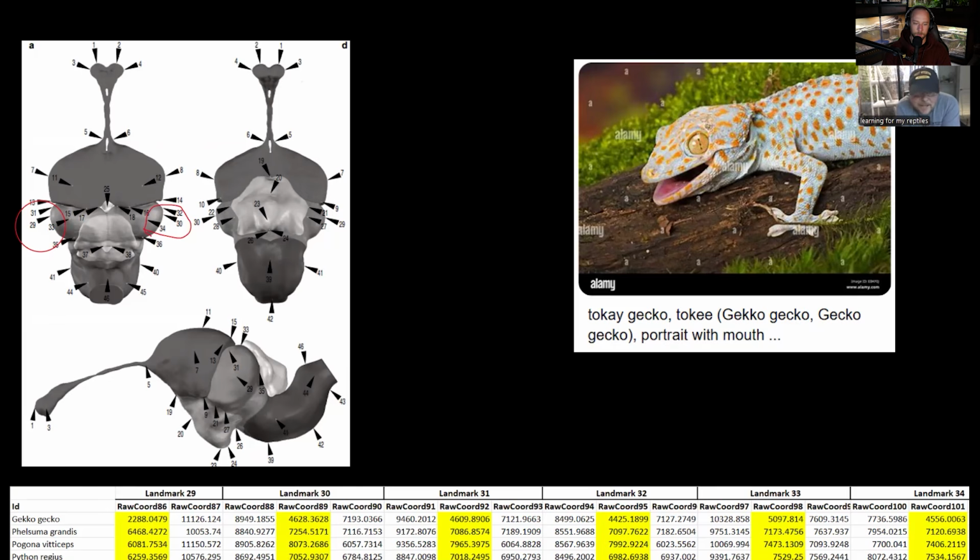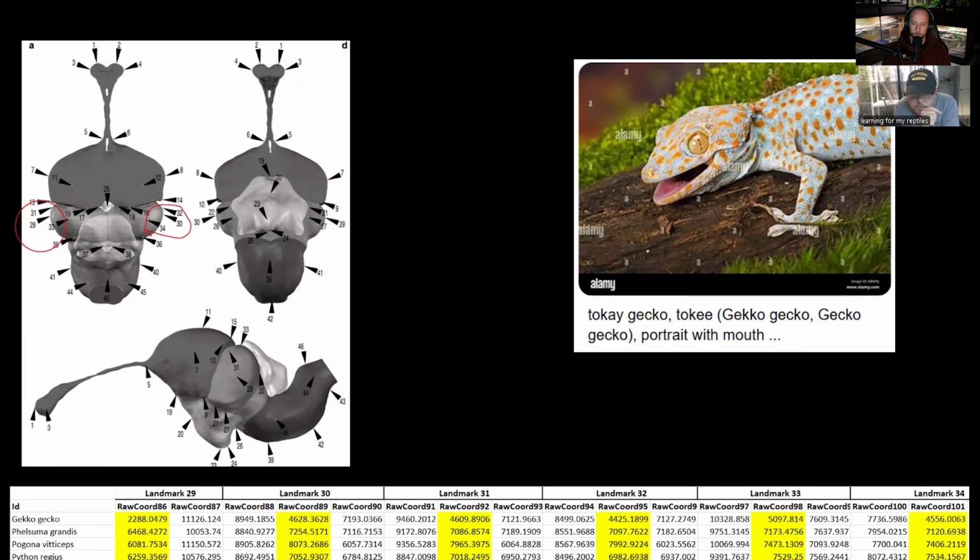Interesting. Yeah. So when you look at the yellow, that tokay gecko, the landmark 29, you look up, it's the farthest and the closest one to the edge down. You can see 29 in the big graph. Yeah, I see it. So the tokay gecko is 2,000. Every other one is 6,000.